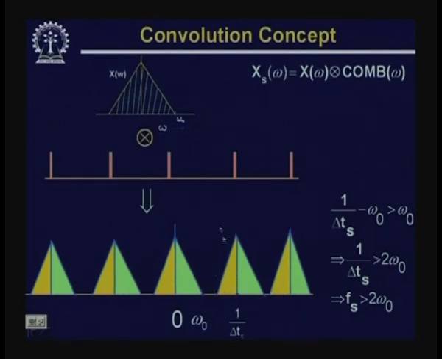For this filtering operation to be successful, we need that 1 upon delta t s minus omega naught, where omega naught is the bandwidth of the signal or the maximum frequency component present in the signal x t, must be greater than or equal to omega naught. That leads to the condition that the sampling frequency f s must be greater than twice omega naught, where omega naught is the bandwidth of the signal, and this is the Nyquist rate.